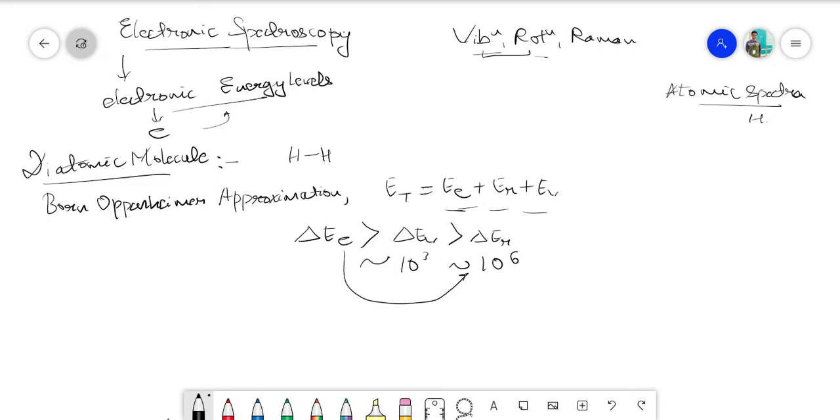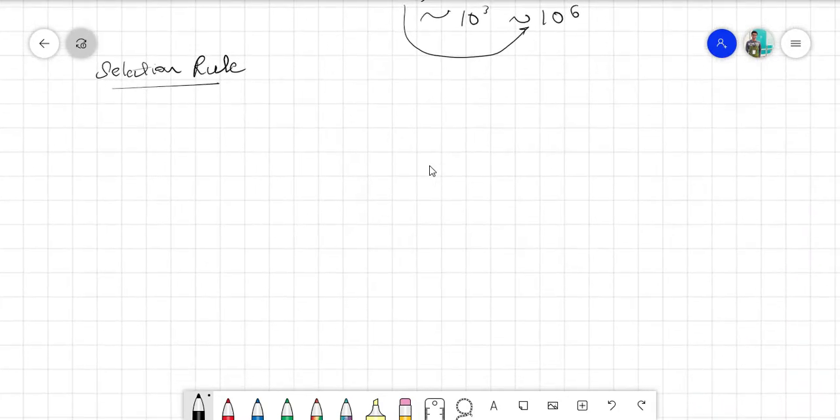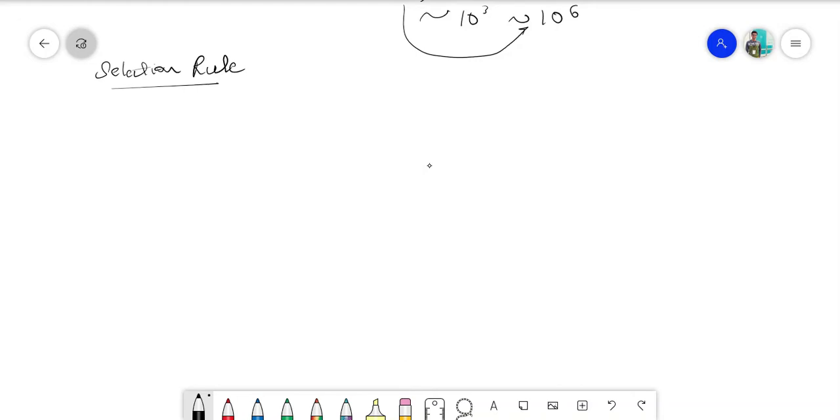Now, whenever we study any kind of spectroscopy, our main focus is on the selection rule, right? And when we had discussed selection rules, we had said that there are two types: there can be a gross selection rule and there can be a specific selection rule.